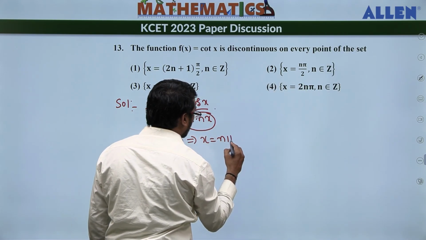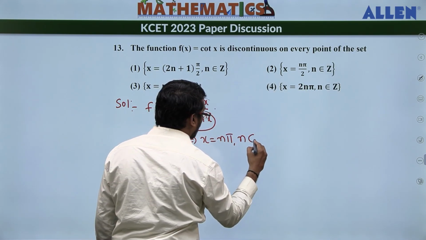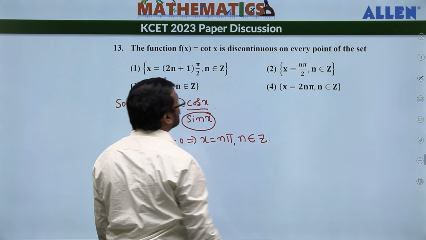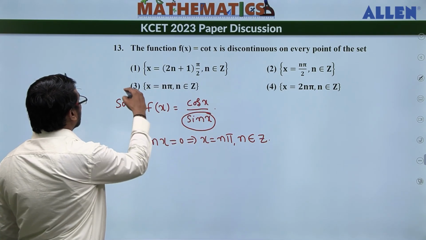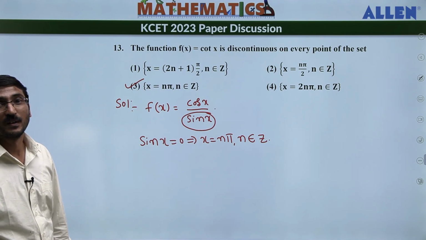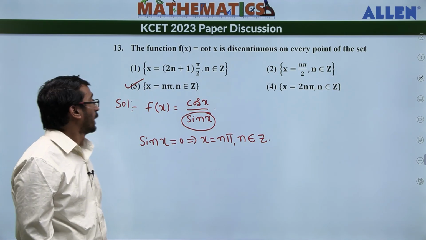So, n pi, n belongs to Z. So, this is the correct option. Now, we will move on to question number 14.